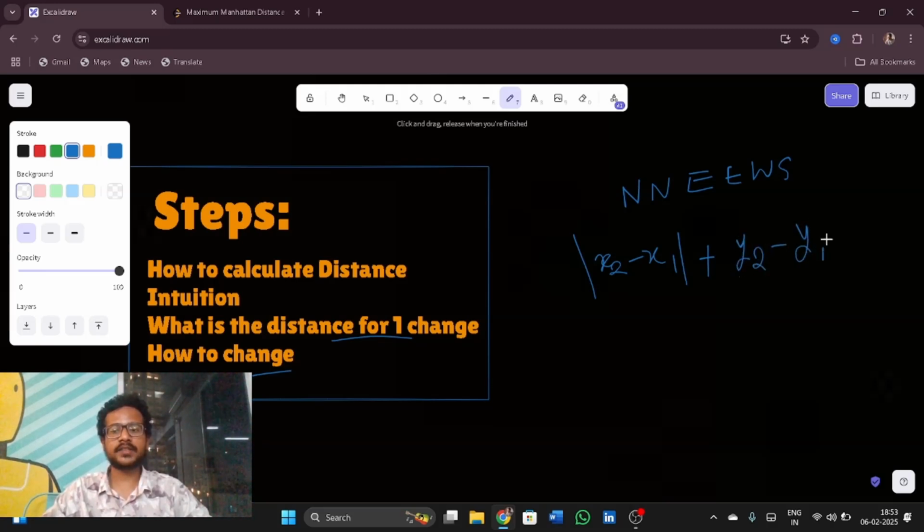Every time we are asked for the distance from the origin, so x1, y1 will be 0. So the Manhattan distance will be mod x2 plus mod y2. This will be my formula. But how do I get this x2, y2?